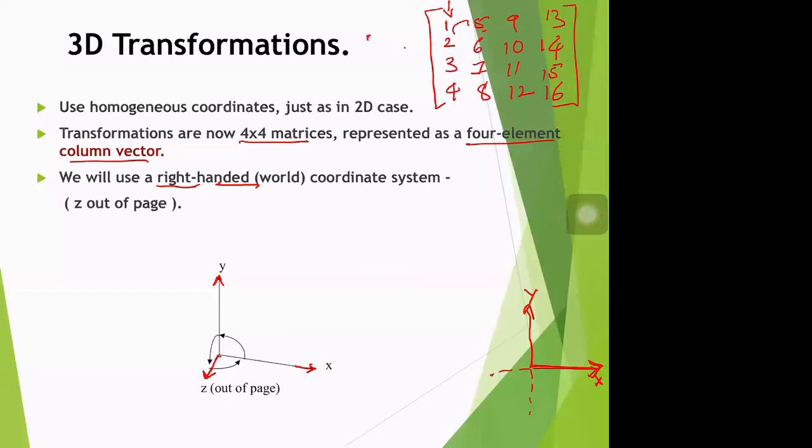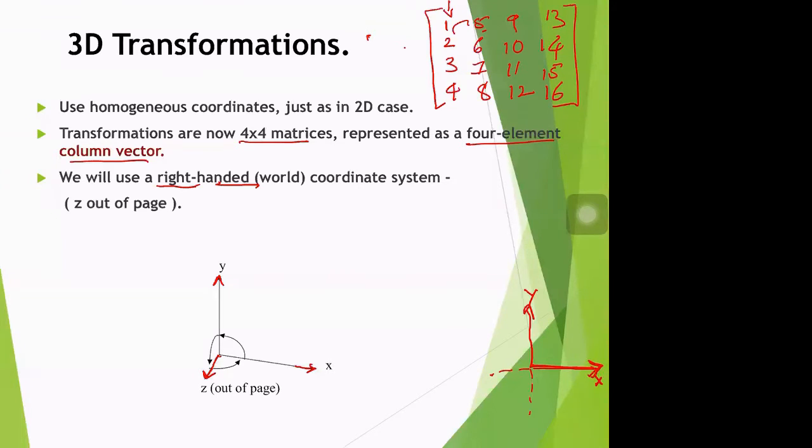both your right hand and the left hand. Place your thumb towards the direction of x. Place your forefinger towards the y-axis, that is upward. And check your middle finger.